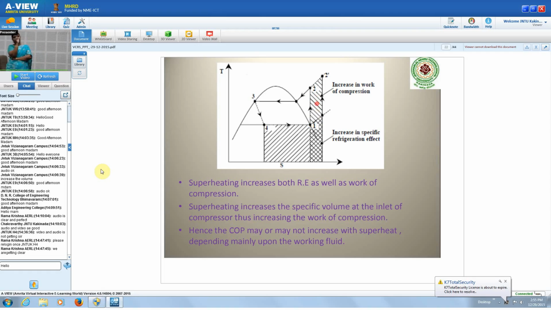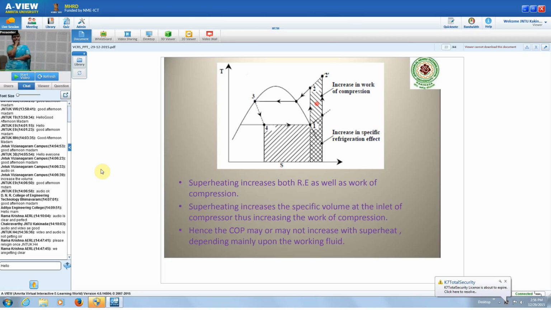If the increase in the refrigerating effect is more than the increase in the work input, then we can increase the COP. Otherwise, COP will reduce. According to this diagram, COP increases because the area under 1 dash is more compared with the area under 2 dash and 1 dash.